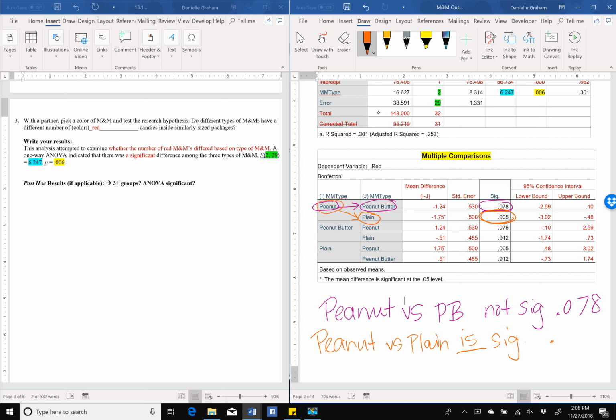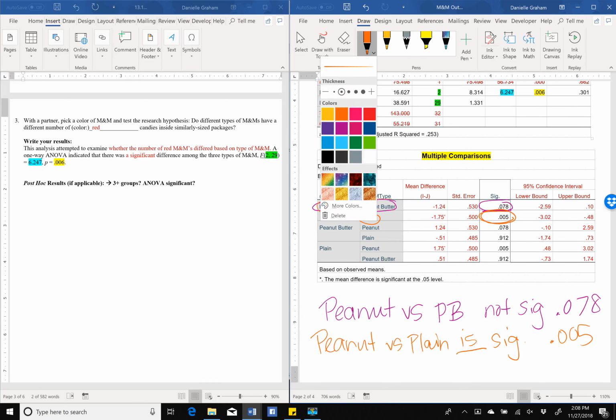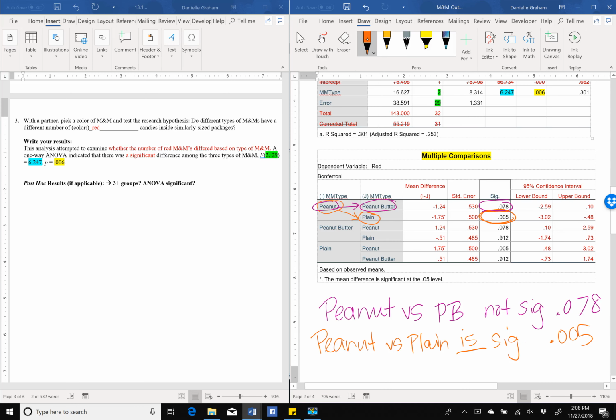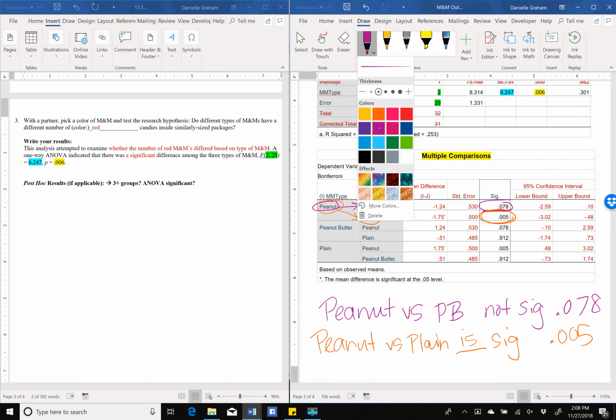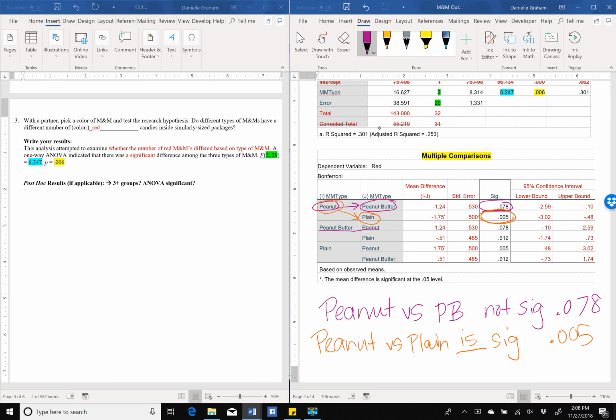And then let me put my p-value so I keep organized. And then if we're looking at this, peanut butter versus peanut, that is really the same as what we had up here. Peanut versus peanut butter is the same as peanut butter versus peanut. We're just saying one in front of the other one. So we don't need to look at this one at all because we already recorded that.